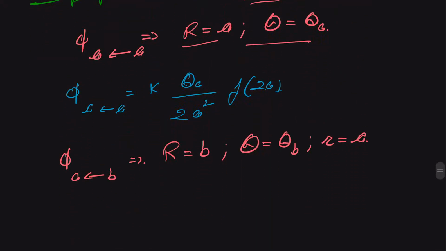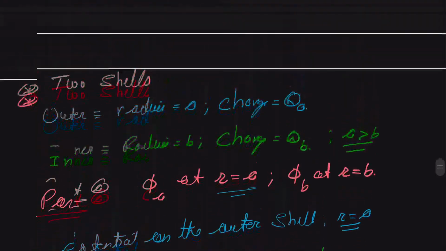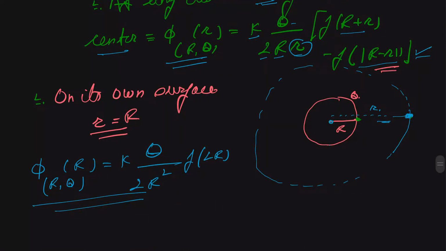Capital R is the actual radius of the shell, and small r is the point where we are going to find out the potential, like we have drawn here. So R is the actual radius of the shell, and the small r is the distance of the point where we are going to find out the potential.